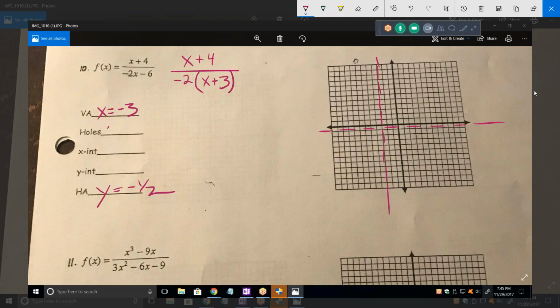No holes, again, there's nothing that cancels. X-intercept. -4. Y-intercept. -2/3.